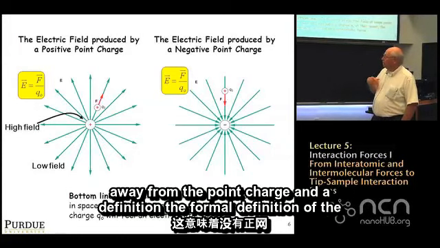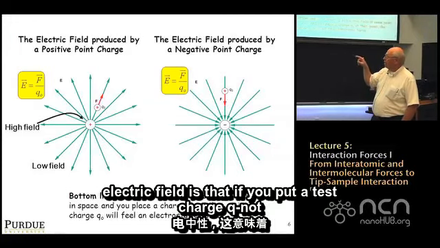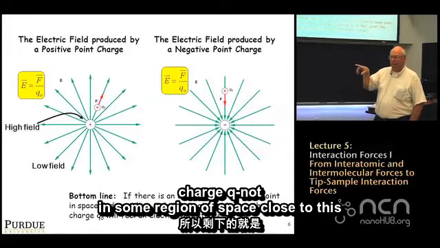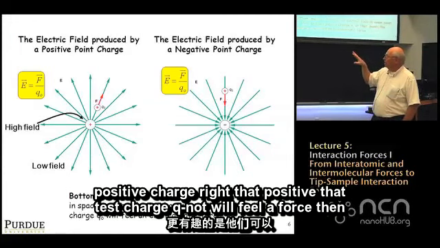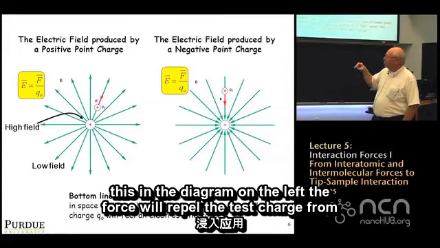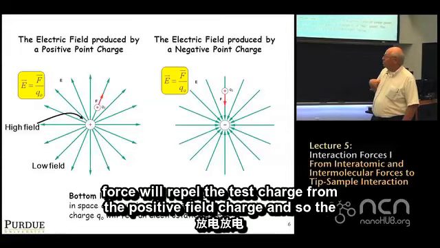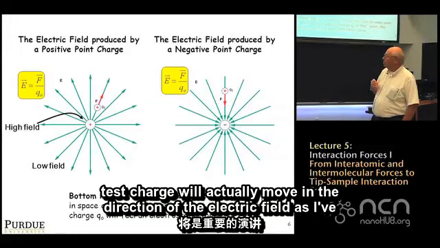The formal definition of the electric field is that if you put a test charge Q naught in some region of space close to this positive charge, that test charge Q naught will feel a force. In the diagram on the left, the force will repel the test charge from the positive field charge, so the test charge will move in the direction of the electric field as drawn.